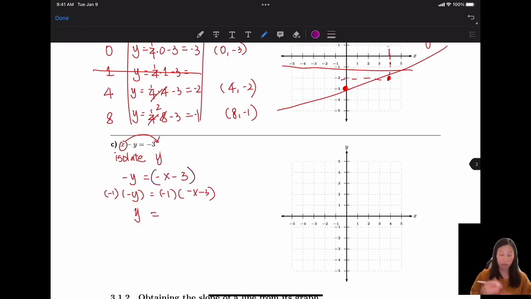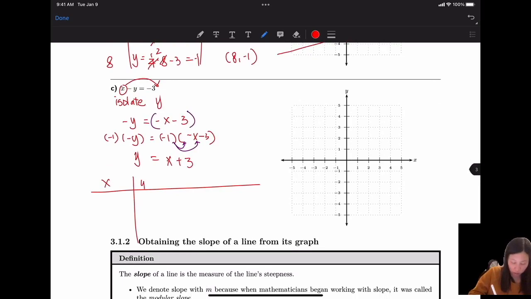Right? It's not just multiplying the x, you want to multiply the whole expression. So that's why you need to put in the parentheses in case you mess up. So when -1 multiplies everything inside the parentheses, you will have x plus 3. Okay, after that, it's easier to draw a t-table.